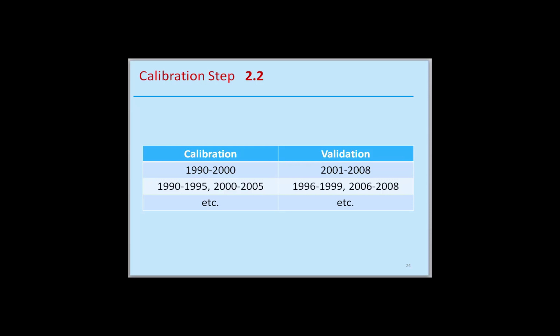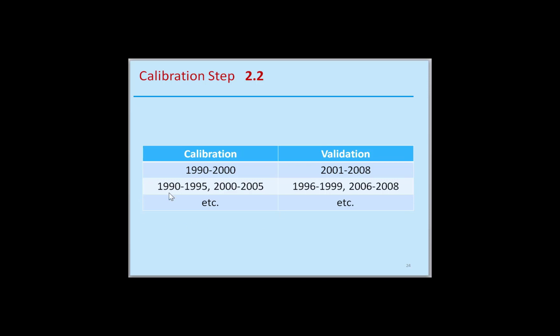Furthermore, your calibration period and your validation period don't need to be, for example, from 1990 to 2000 you calibrate, and then from 2001 to 2008 you validate. Of course, it could be like this, but you're not limited to this.